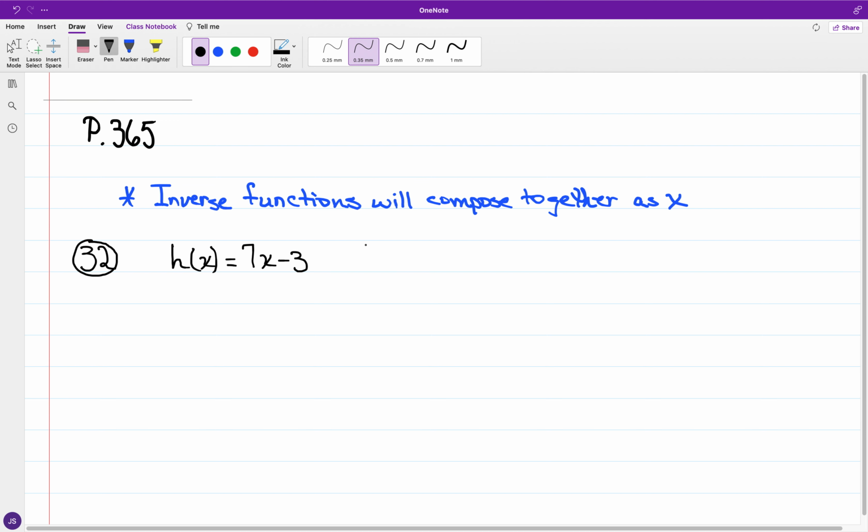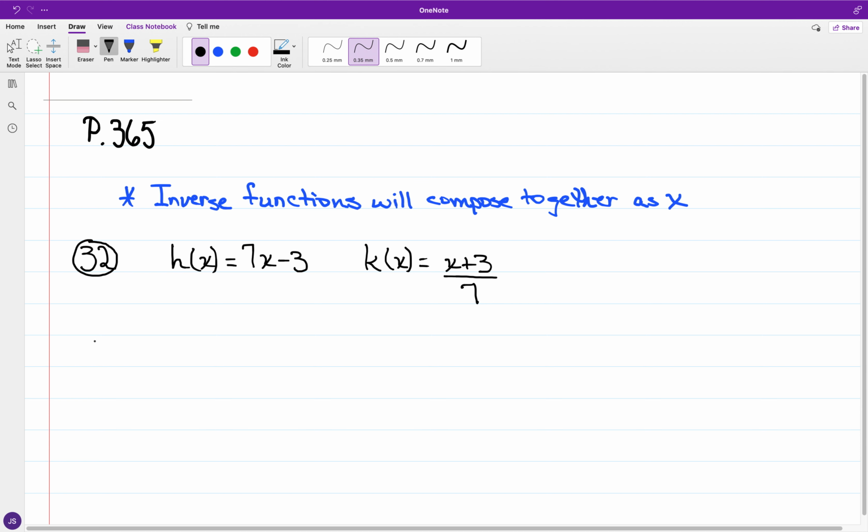And the other one we have is k of x is equal to x plus 3 all over 7. And again, if these functions are inverses of each other, then they will compose together as x.